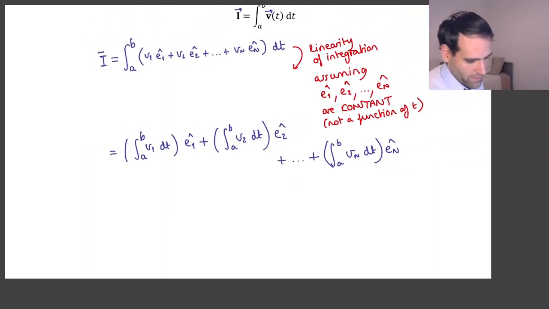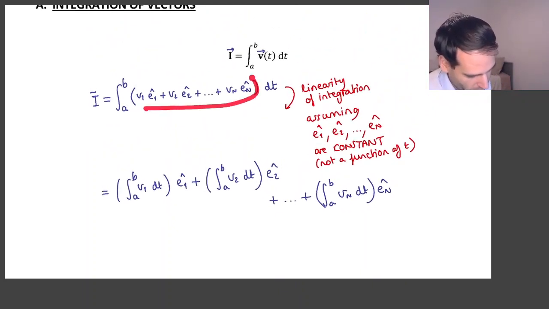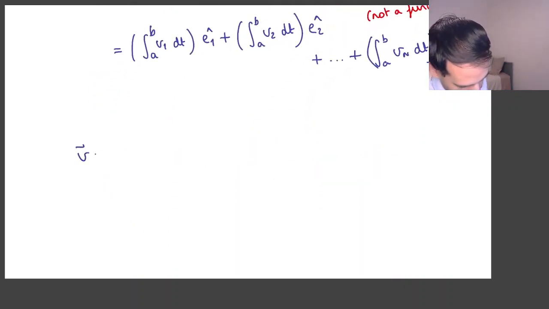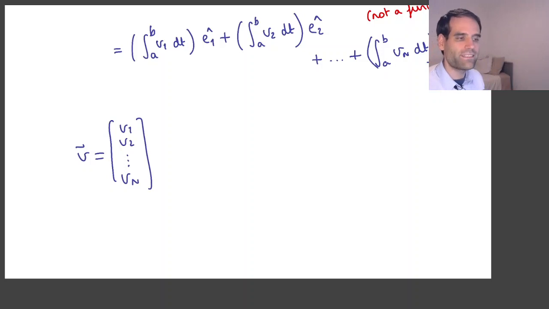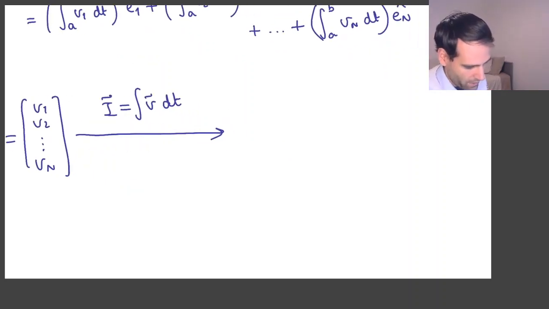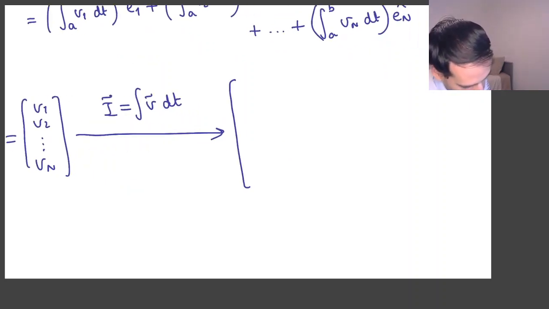If you want to write it differently, maybe you would like to write vector v, instead of writing it as a linear combination of unit vectors, you want to write it as a column. So you have your vector v, which is equal to v1 v2 up to vn, and this is in the basis e1 e2 en. And now we do the integral of this vector with respect to t, and the result is another vector in which each component is the integral of the component with respect to t.